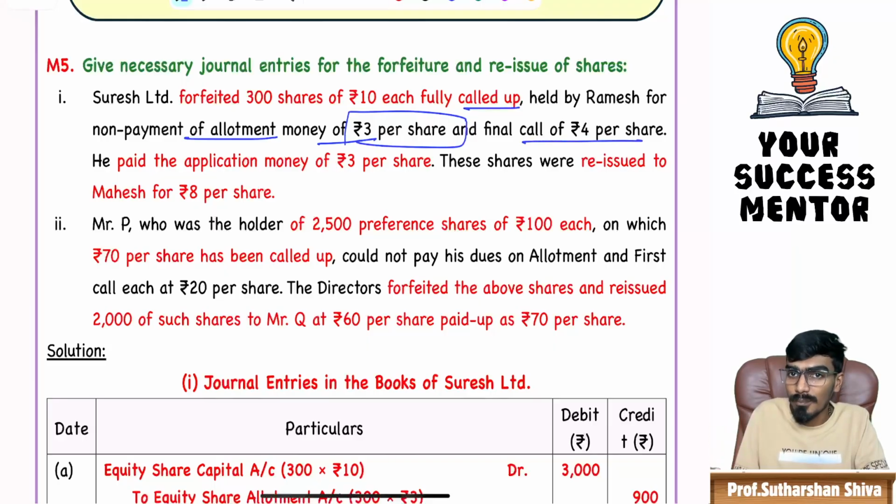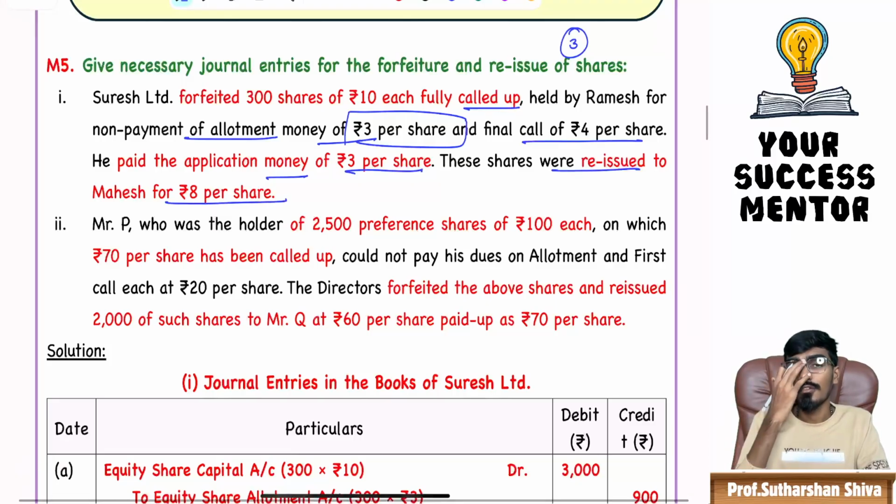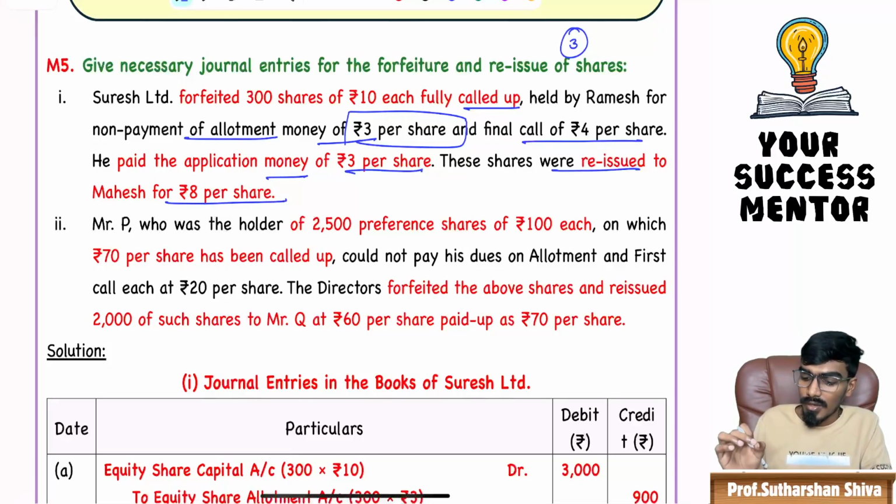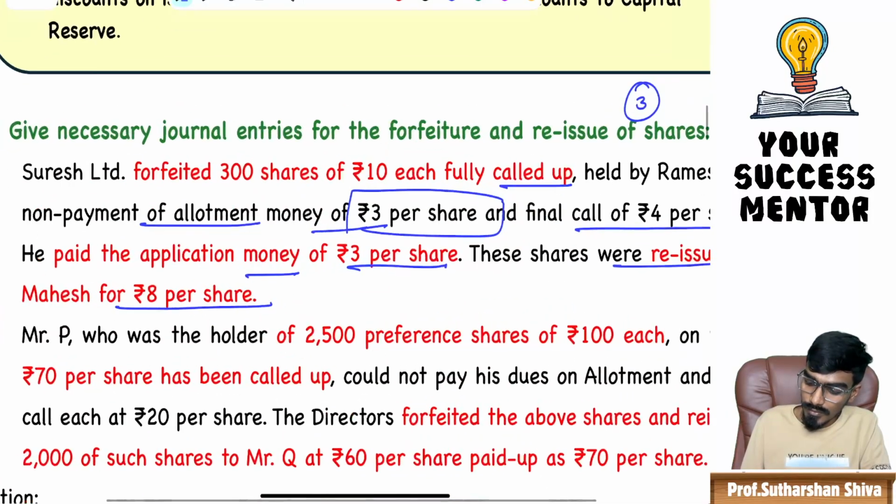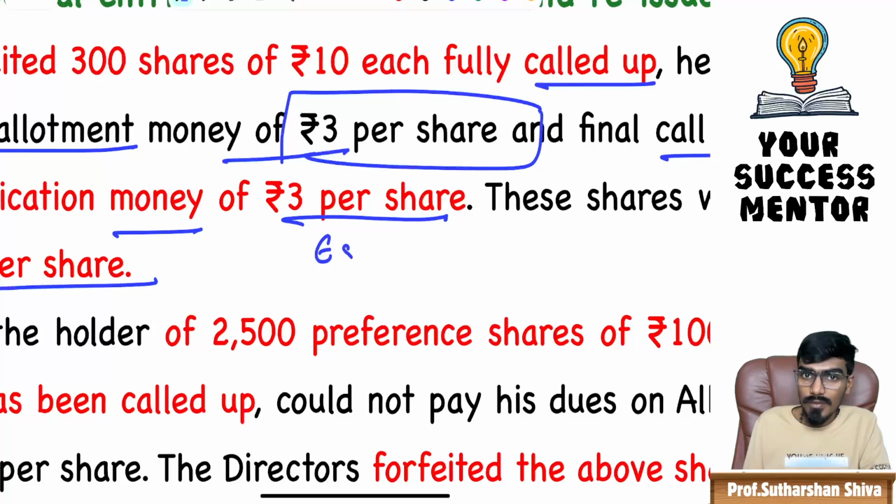So what is actually paid? Actually paid is only 3 rupees. Correct? Yes, sir. So he paid application money 3 per share. These shares were reissued to Magesh at 8 per share. Fine. Now you guys think and tell me what is the amount called up. Sir, called up 10, sir.